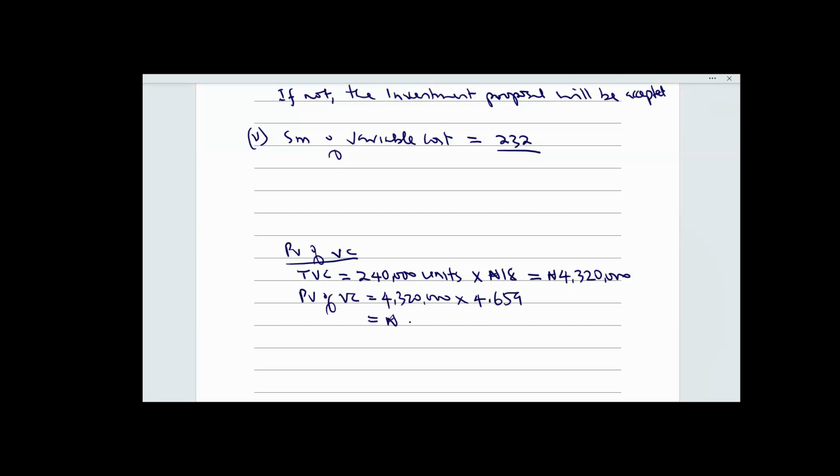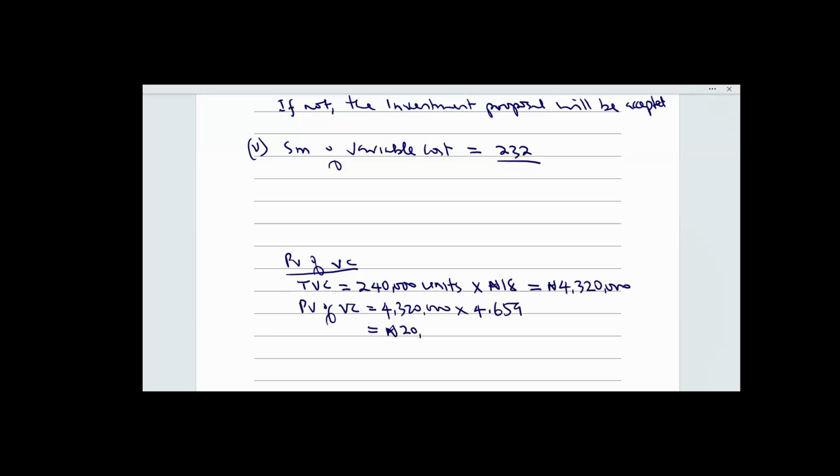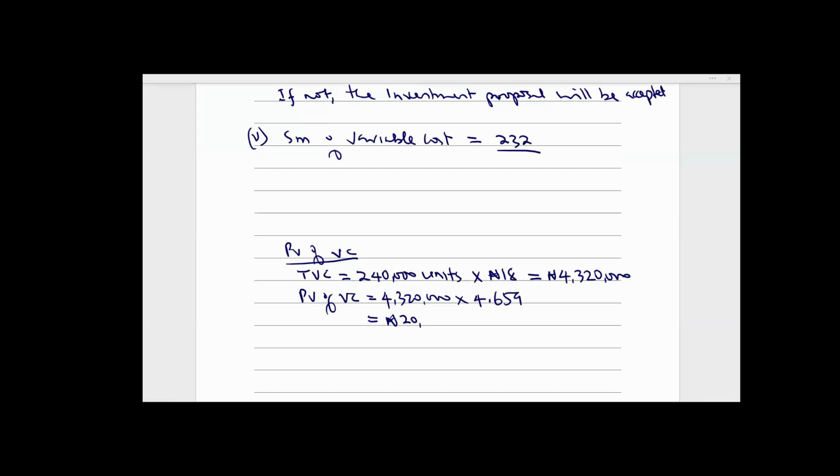This will give us 20,126,880. Yes, that's the PV of variable cost.